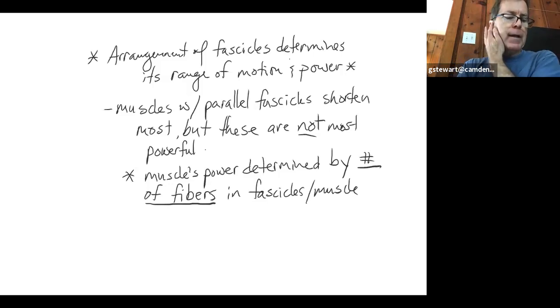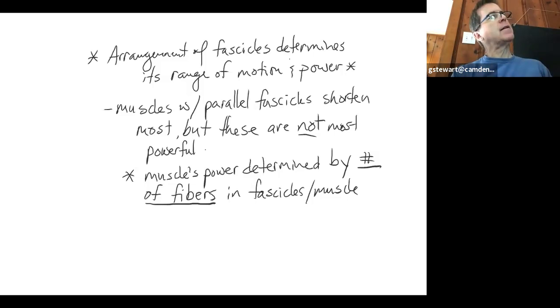So the bottom line is bipennate and multipennate muscles don't move very much. They don't have a huge range of motion like the parallel ones do. Unipennate and parallel running fascicles tend to have a huge range of motion, but they're not super powerful. Conversely, bipennate and multipennate muscles shorten a little bit. They don't have a huge range of motion, but they tend to be the most powerful.